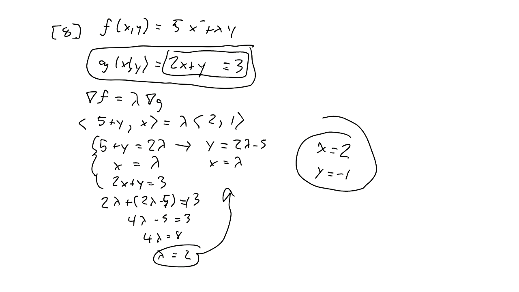So f of 2, negative 1 is 5 times x, which is 10, plus x times y, so minus 2, which is 8. So the extreme value is 8, and it happens at the point 2, negative 1.